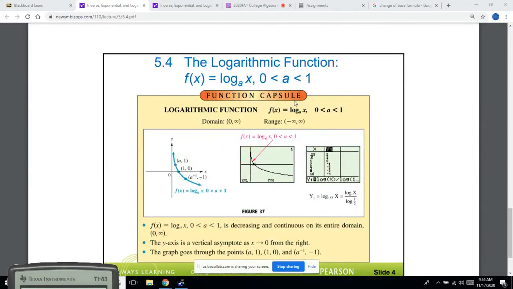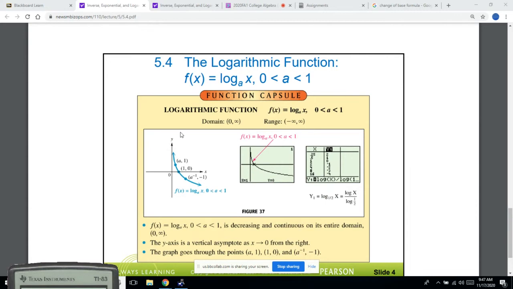Here we have the graph of a log function if your base is in between 0 and 1. Your base cannot be negative. It has to either be greater than 1 or it has to be between 0 and 1. Notice that if your base is in between 0 and 1, this is the shape your graph will take on.